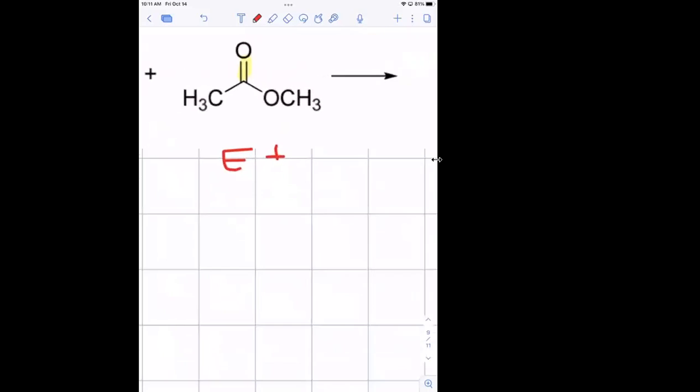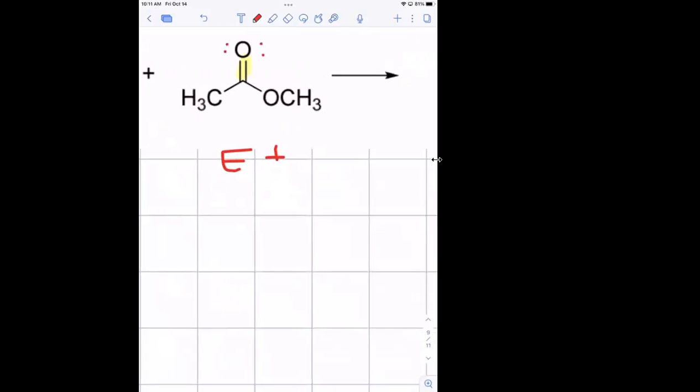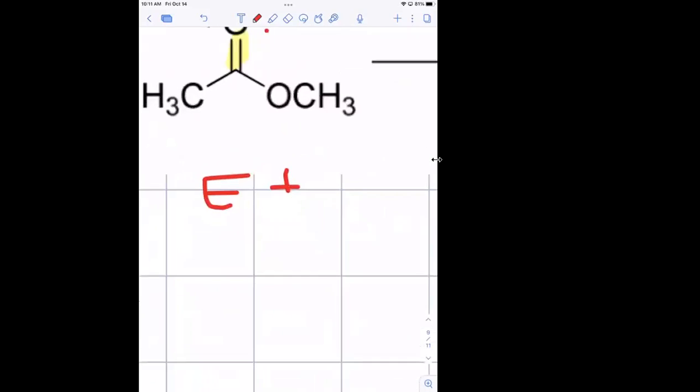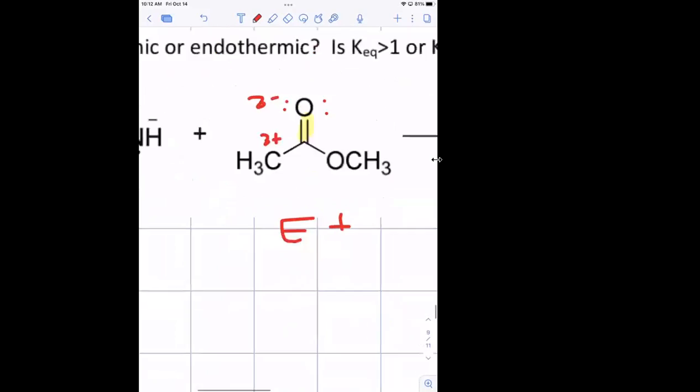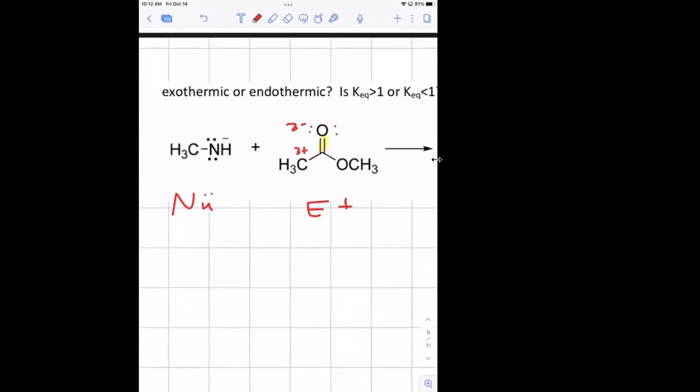Oxygen has two lone pairs already, very electron rich. There's got to be something that's electron poor. So it would be the carbon, right? The dipole is, this is partially positive, that's partially negative. So it's the carbon. So when we draw arrows here, we're going to draw them here, here.